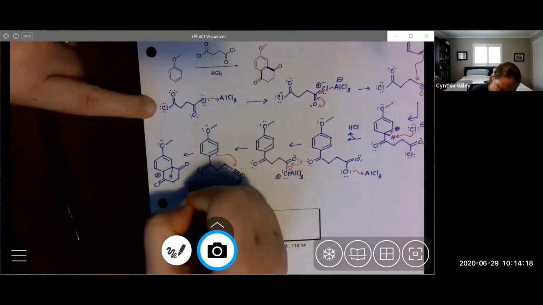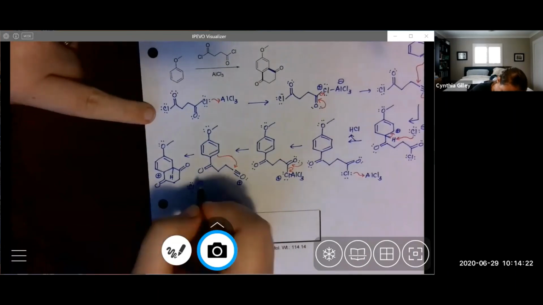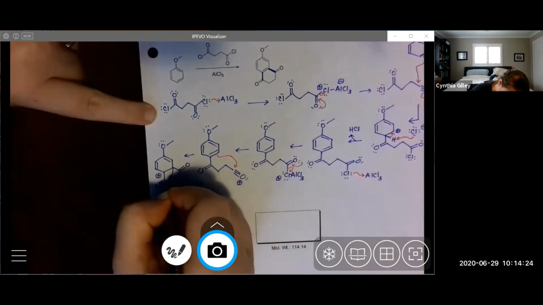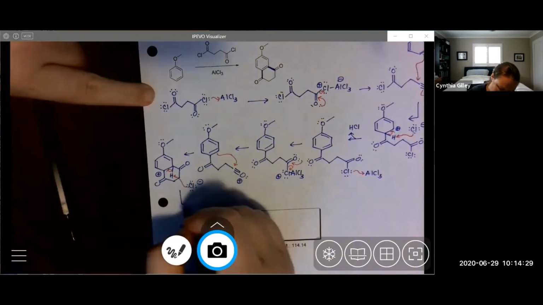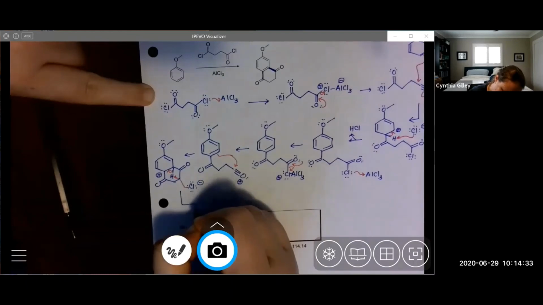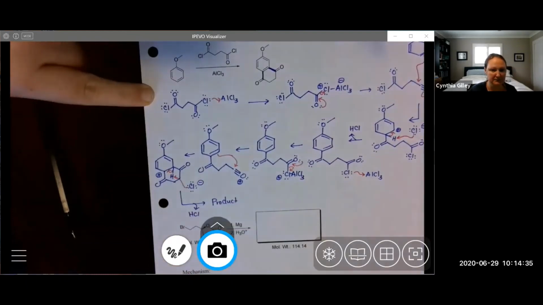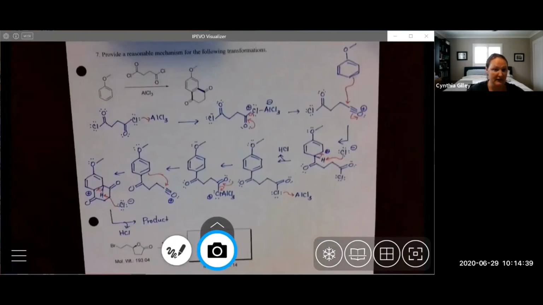Final proton transfer with chloride regenerates the aromatic ring. We get to the product, and we generated the second HCl as byproduct. So there's the entire thing.